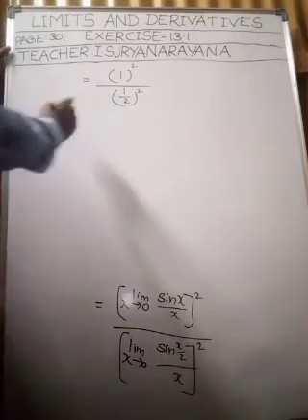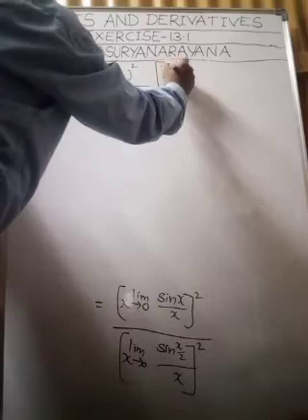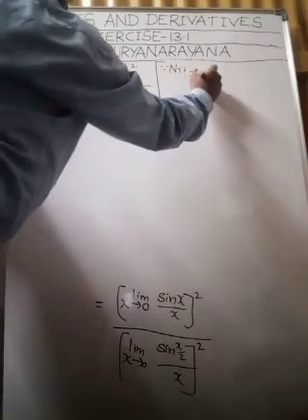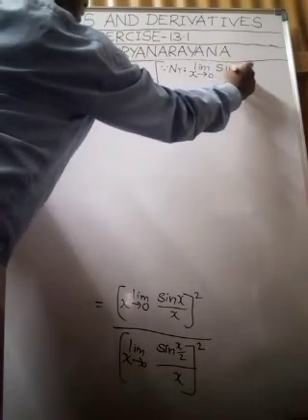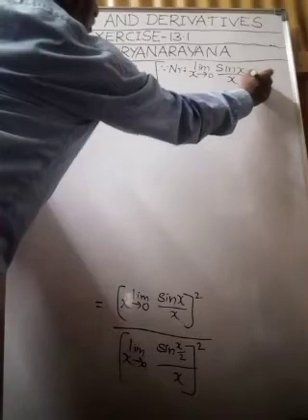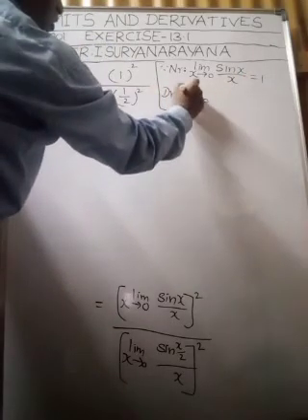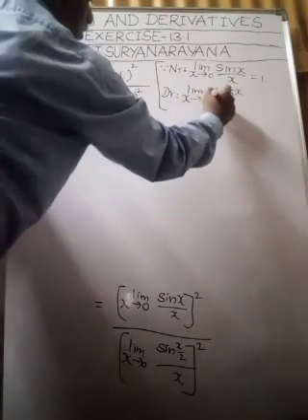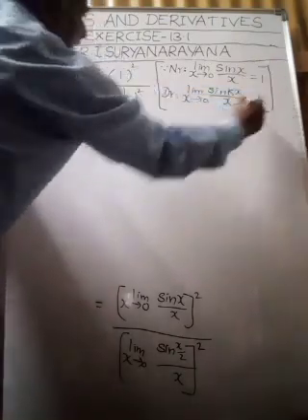Understood this point, my children? I will write that formula, because in the numerator we use this standard limit: as x tends to 0, sin x by x is equal to 1, and in the denominator, as x tends to 0, limit sin kx by x is equal to k.